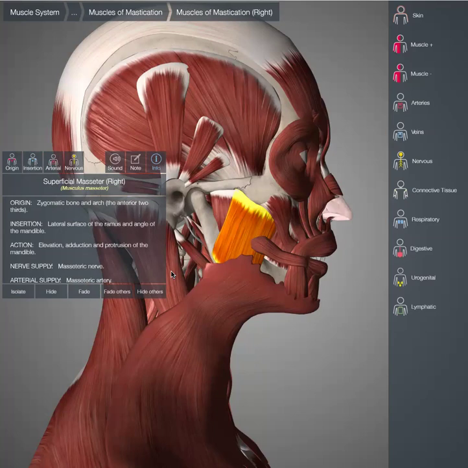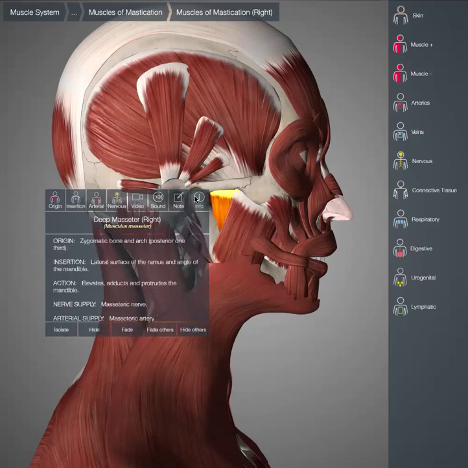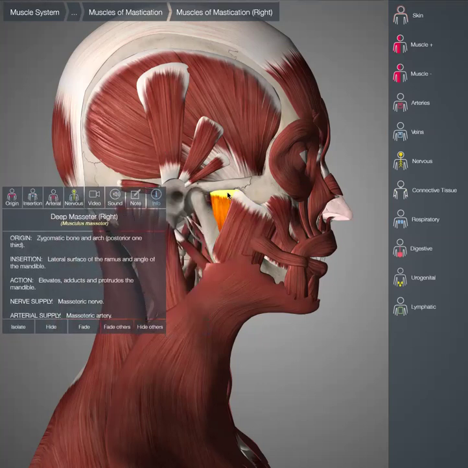Now I told you we did some revision. The masseteric nerve supplies muscles related to mastication, and the muscles in this region usually come from the anterior division of the mandibular division of the trigeminal nerve. Remember this, and we will revise all of those, don't worry. Deep head, again zygomatic bone, you can also say arch.